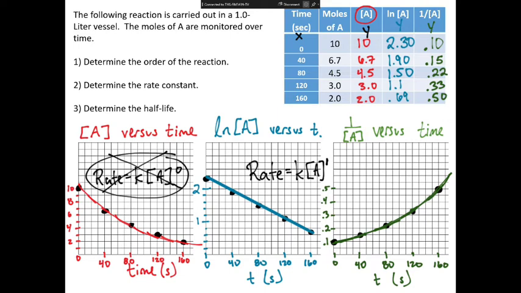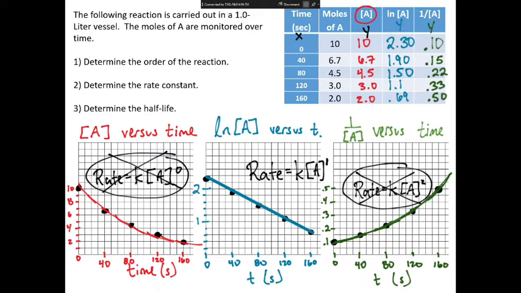Times A to the second power, where A is just any reactant. But since it's not a straight line, it's not following second order kinetics with regard to A.